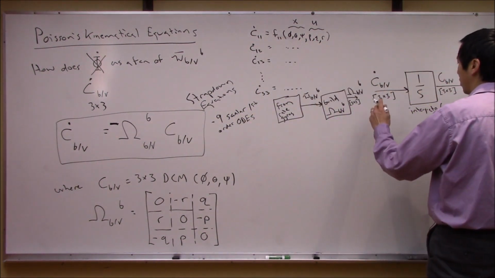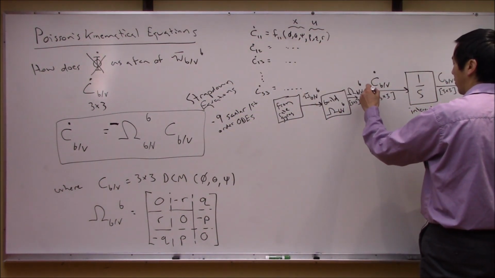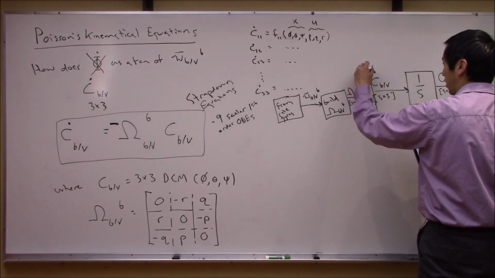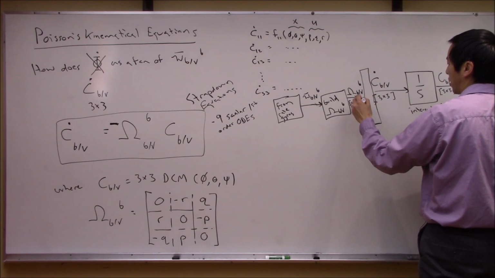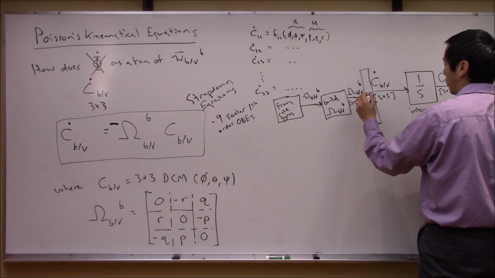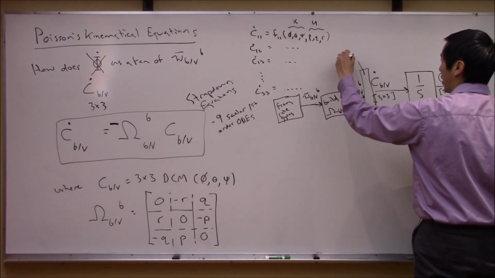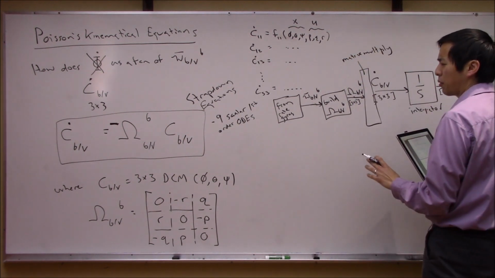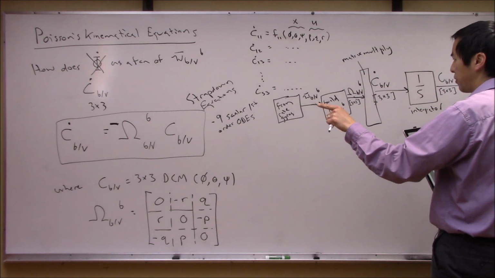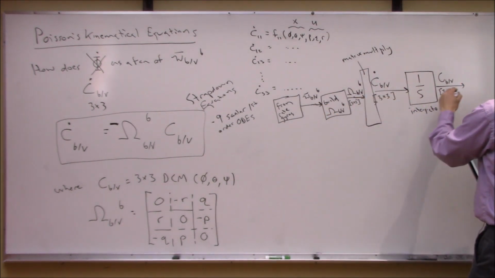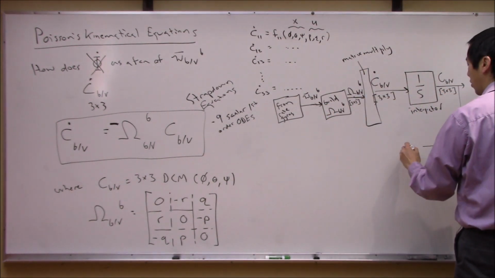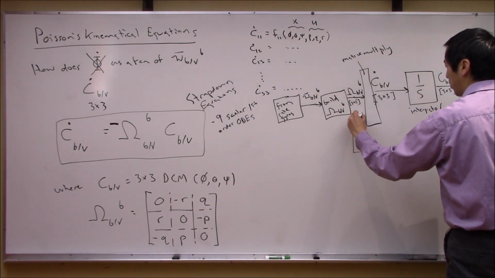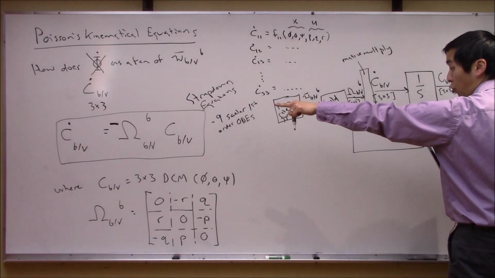Let's put a big block here, which is a matrix multiply. We'll make this nicer in Simulink in a second. I think we discovered the omega has got to be the first one, and then C_BV has got to come in here. So here's C_BV, and don't forget the negative sign.